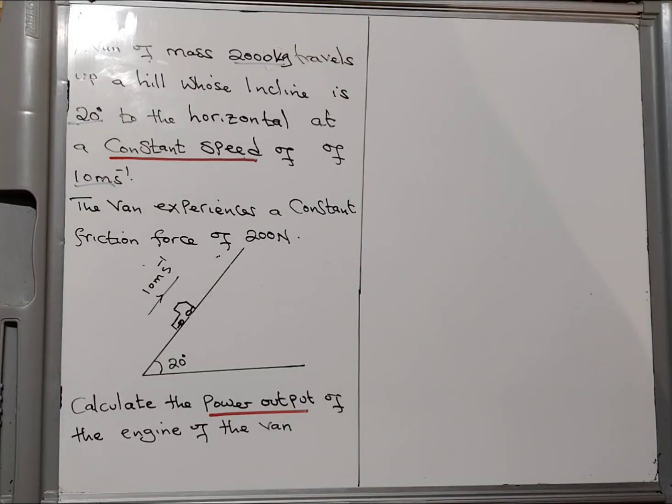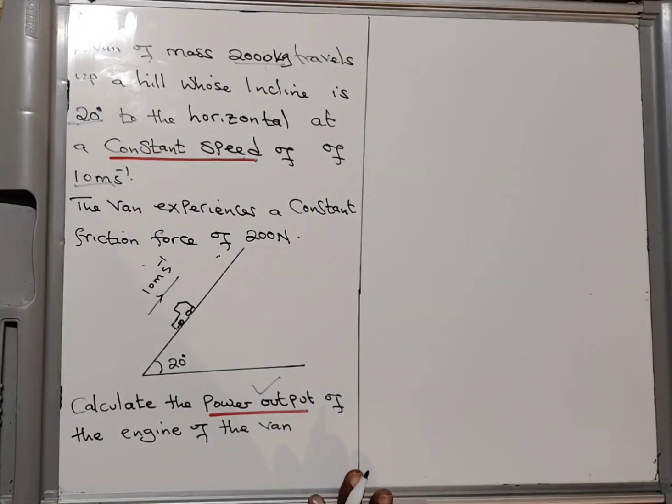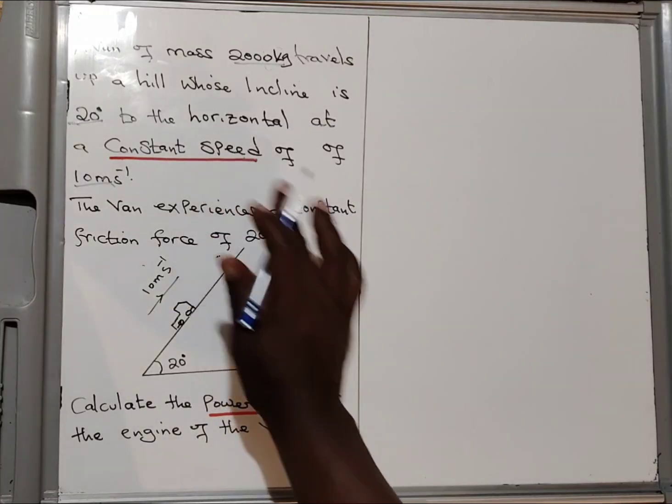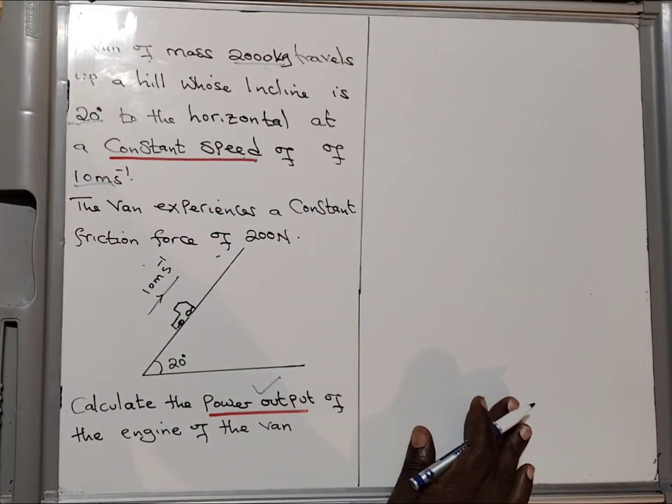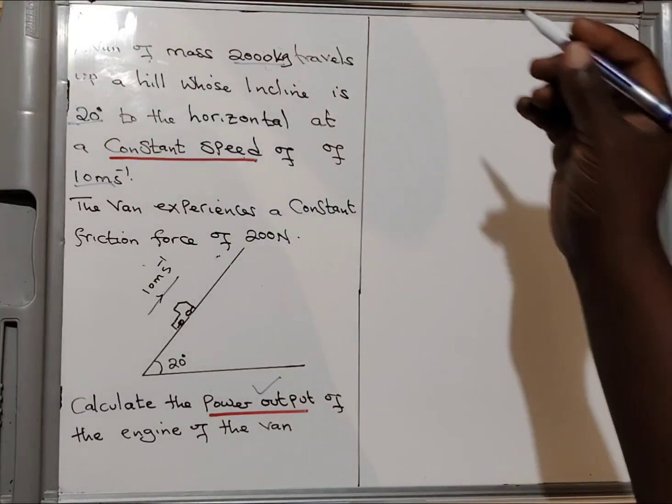So what do we do here? Okay, good people, we are calculating power and we are having constant velocity. What comes to your mind is that we are having the formula.